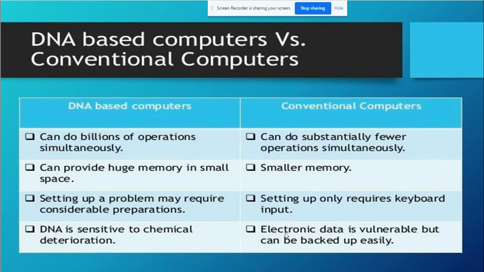DNA computers need a huge amount of time and patience to get a backup from the cloud or something else. DNA can be stored like on a hard drive, but DNA computers are not backed up easily like conventional computers. Those are the basic distinguishing points I have prepared for this PPT on DNA computers versus conventional computers.